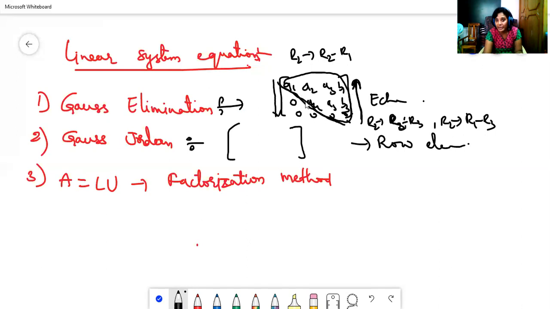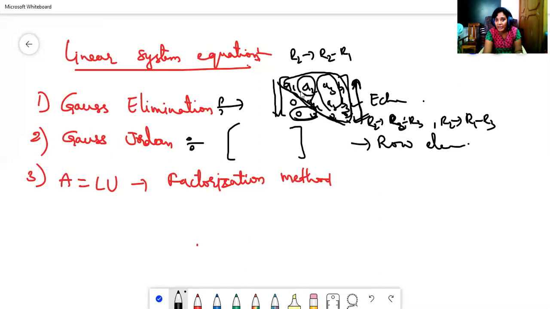But when we change the elimination, again we use R3. Why? Because two zeros are there. When we use R3, these two elements reduce to 0 and this element is reduced to 0. In the reverse order, the first step uses R3, in the next step we use R2, then we get the first elements.